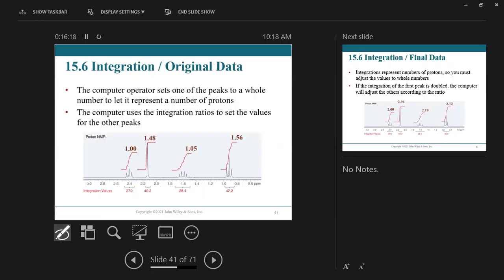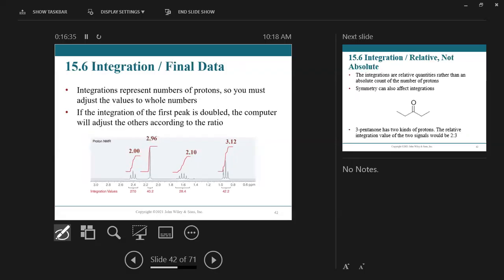So we see that we get 1, 1.48, 1, and 1.56. So if we doubled it, then we get 2, 2.96, roughly around 3, 3, 2, and 2, right?